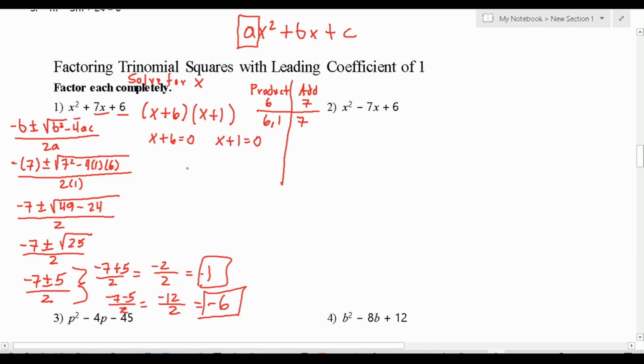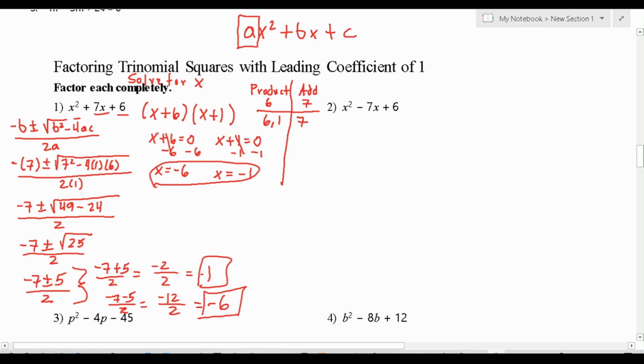And then we would just solve for x in both cases. In this case, we would subtract 6 from both sides. 6 minus 6 crosses out. That leaves us with x equals 0 minus 6, which is negative 6. To solve this one, we would subtract 1 from both sides. 1 minus 1 crosses out, leaving you with x equals negative 1. Okay, so here are our two solutions.